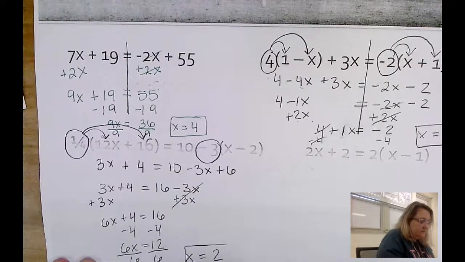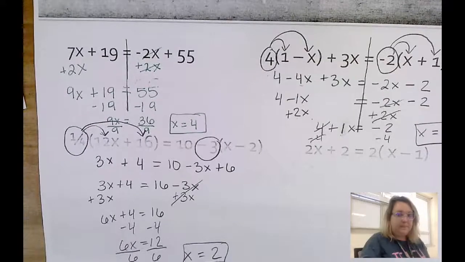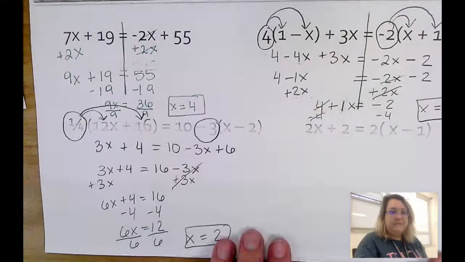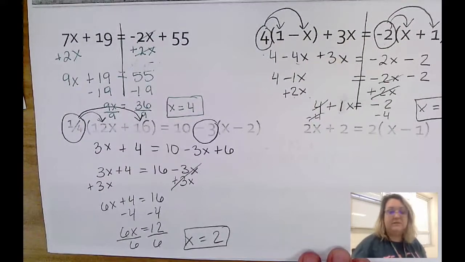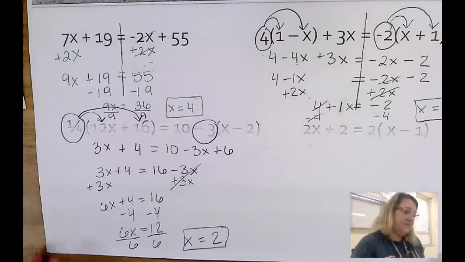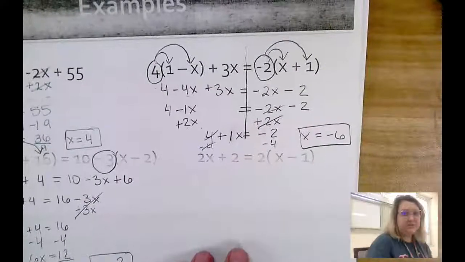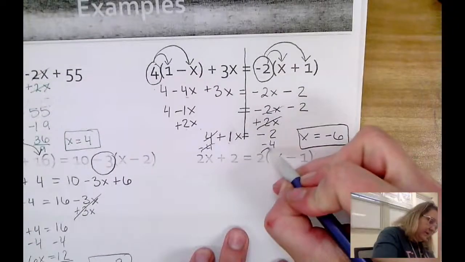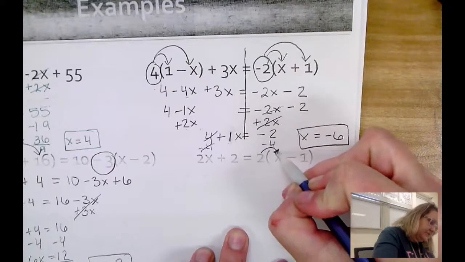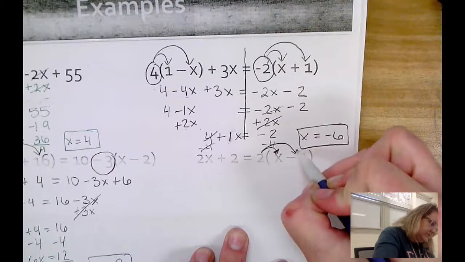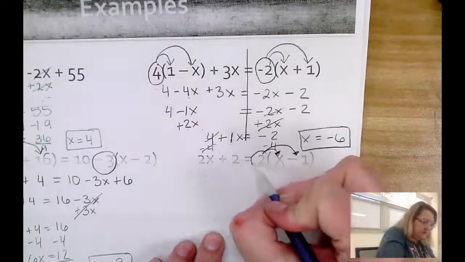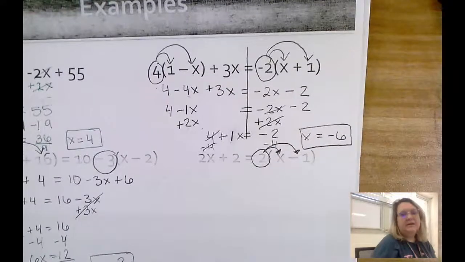So on this side, I'm going to have 2x plus 2 equals 2x minus 2. We don't have any like terms on the same side, so I'm going to subtract my variable to move it to one side. 2x minus 2x cancel out. I am left with 2 equals negative 2.